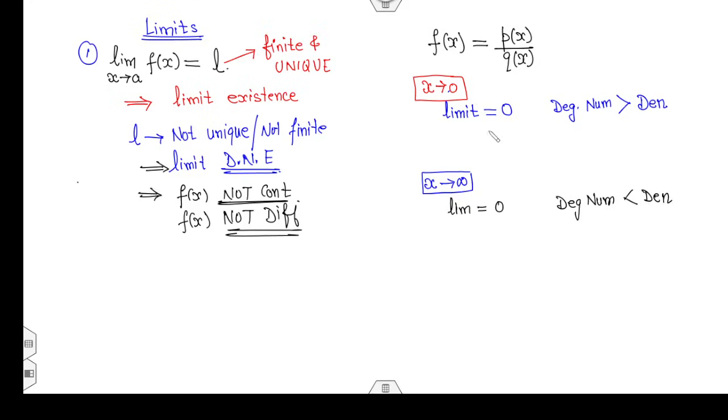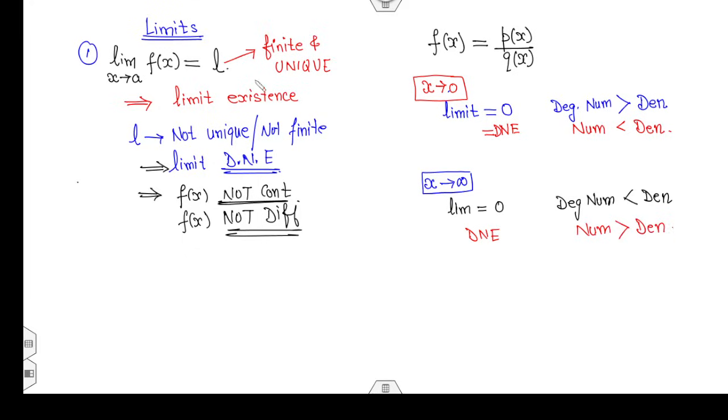On the other hand, this limit does not exist whenever the degree of the numerator is less than or equal to the degree of the denominator. Not equal to, this is strictly less than.